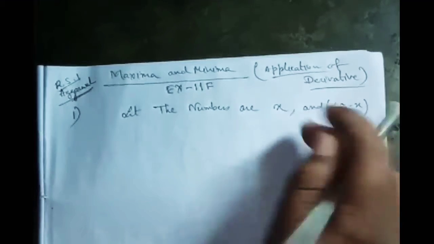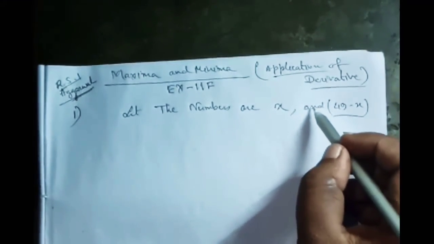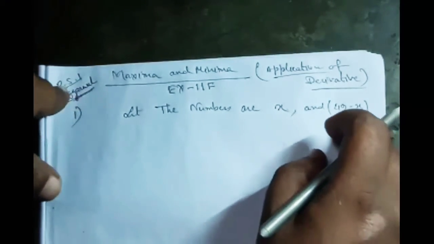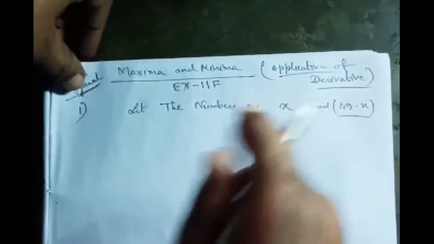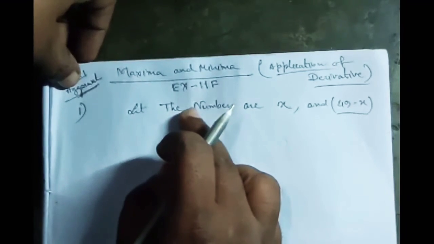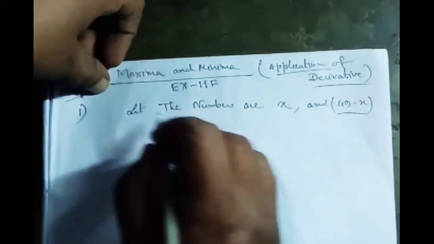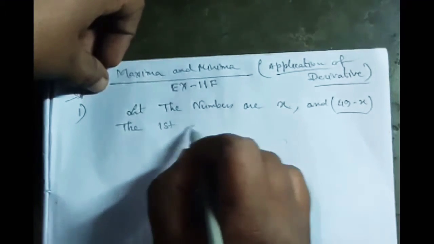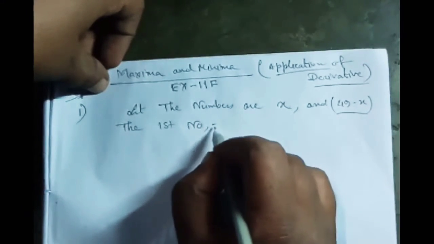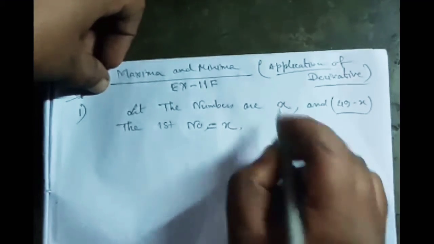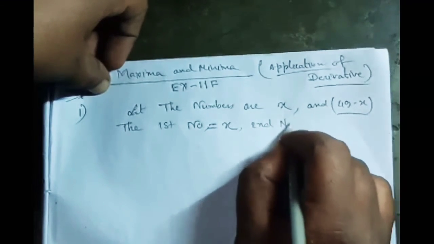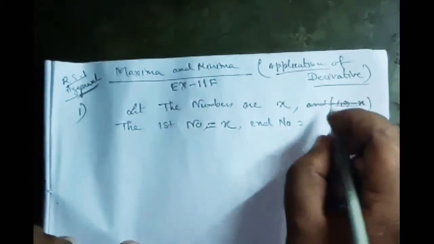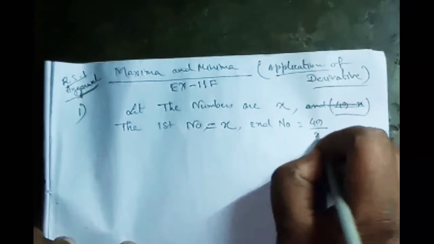Sorry, let the first number be x and the product is 49. So the second number is not 49 minus x, it will be 49 by x.